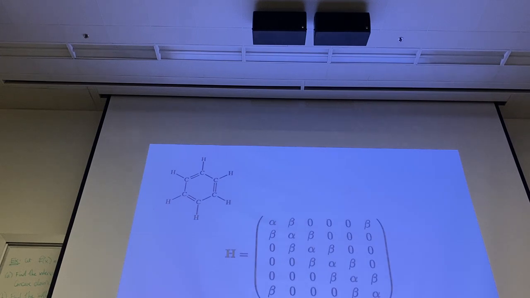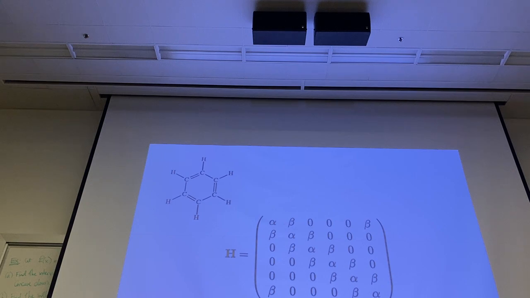Alright, so here it is. This is the Hamiltonian matrix. We have followed the same procedure as before. We're making molecular orbitals from 6 ingredients now, because there are 6 carbon atoms. So 6 p orbitals go into this molecular orbital, and therefore the Hamiltonian matrix is a 6 by 6 matrix.